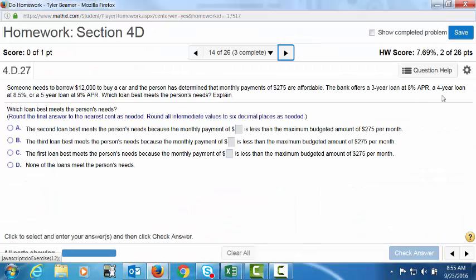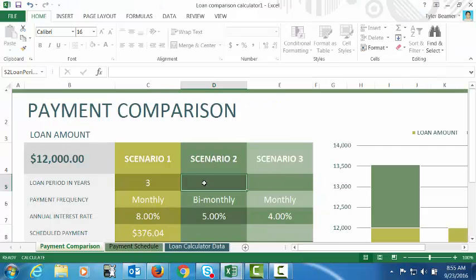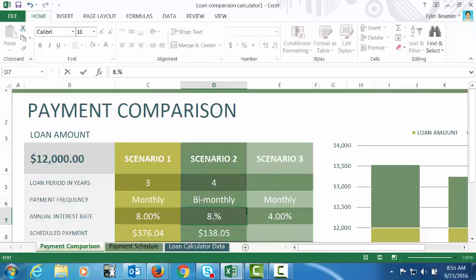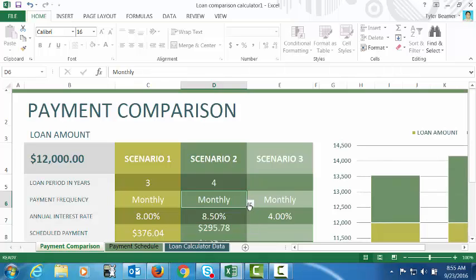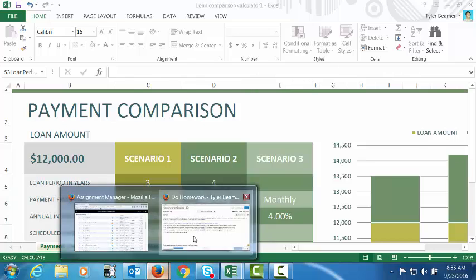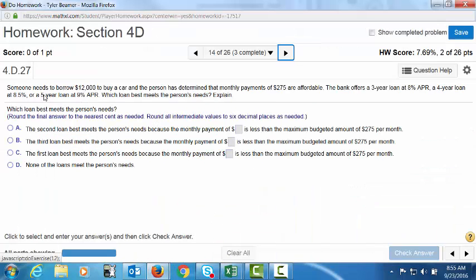Scenario 2 is a 4-year loan at 8.5%. So 4, 8.5%. And then I want to change this to monthly. And then the third option is a 5-year loan at 9%.